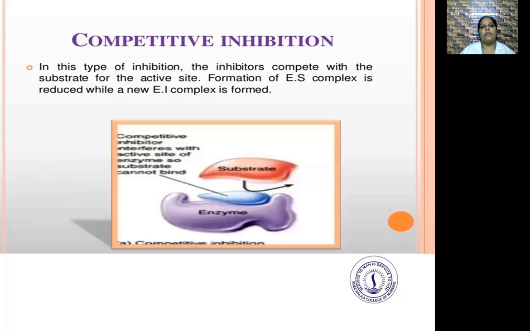Competitive inhibition. In this type of inhibition, the inhibitors compete with the substrate for the active site. Formation of the ES complex is reduced while a new EI complex is formed.